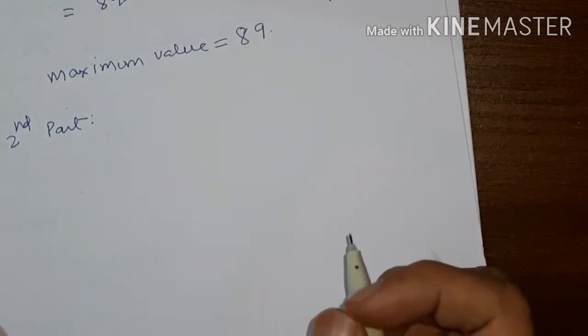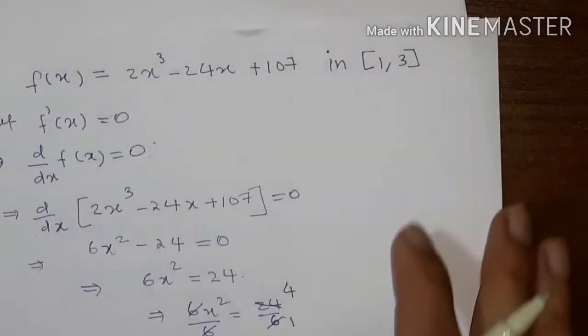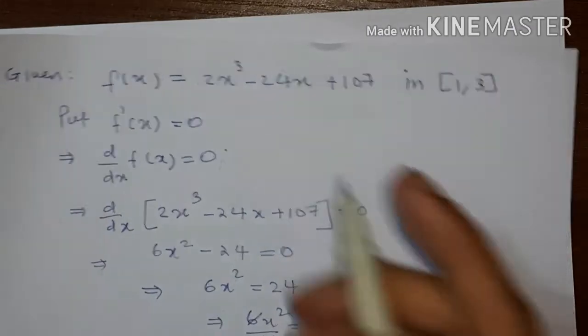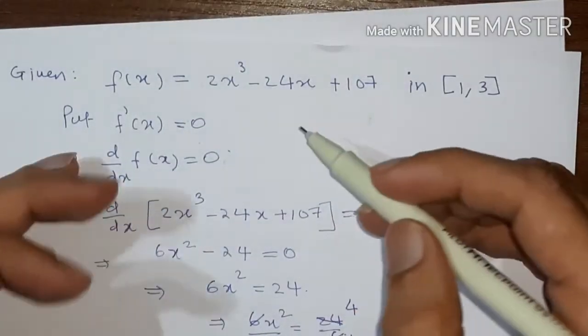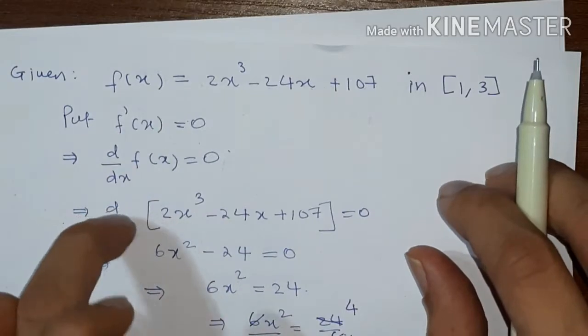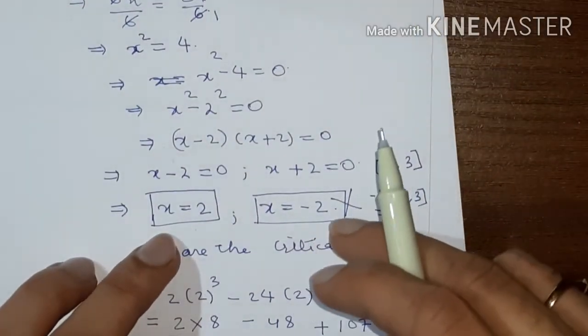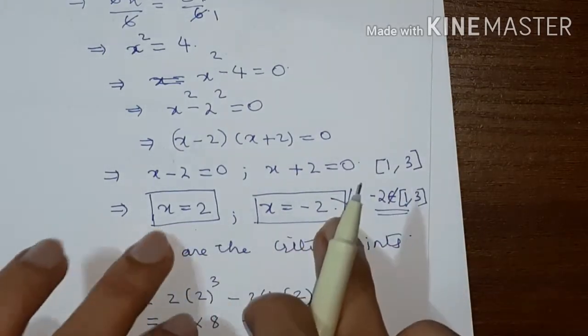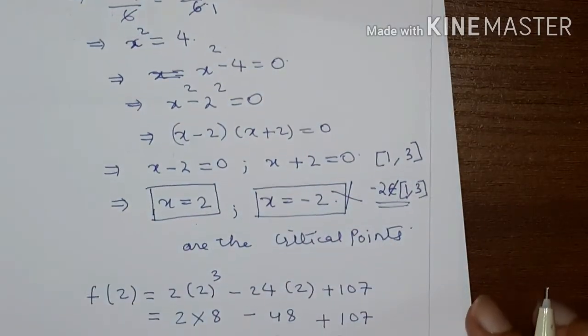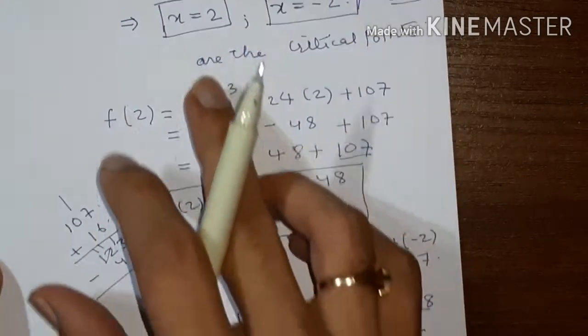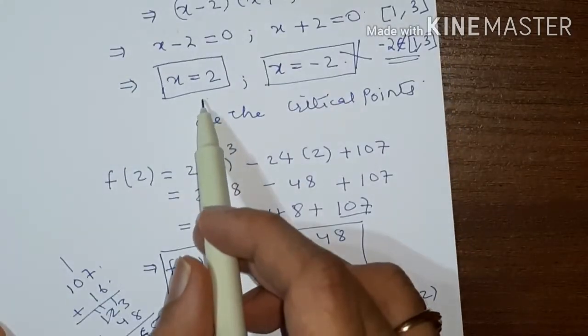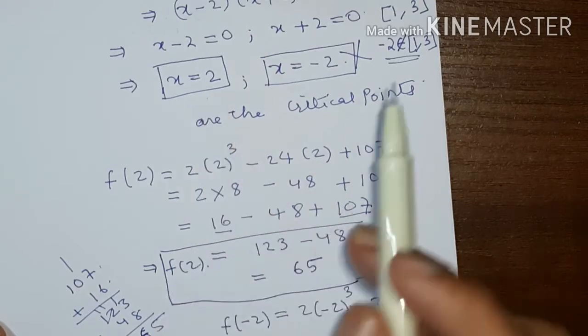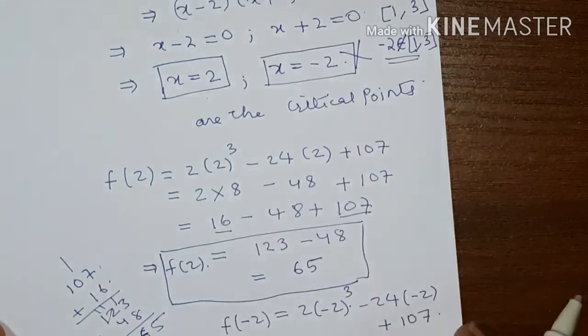Now if you observe, only the interval is given different. If you find the derivative of f, you will get the same thing, so the same critical points you will get when you equate the derivative to 0. Now what happens here, see this 2 is the critical point which will not belong to the interval given in the second part.